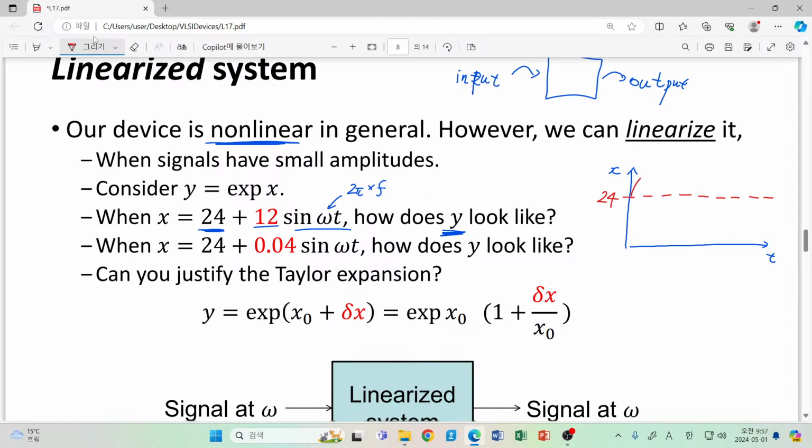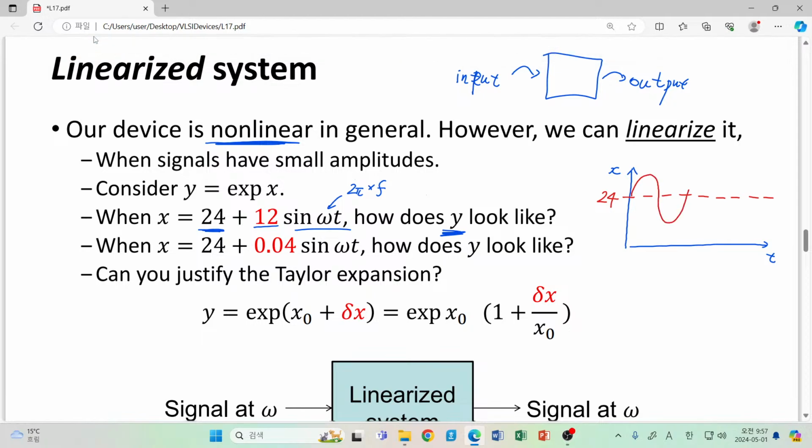You will have this form. My question is, please just try to describe this waveform, the solid line. Then you will say that it has an average value of 24, it looks like a sinusoidal function, and its amplitude is about 12. That will be your description of your x value.